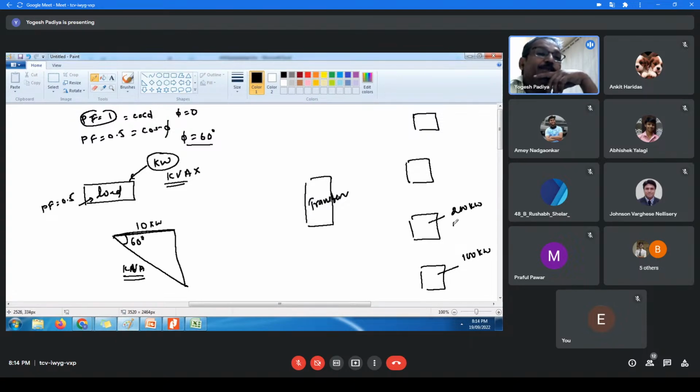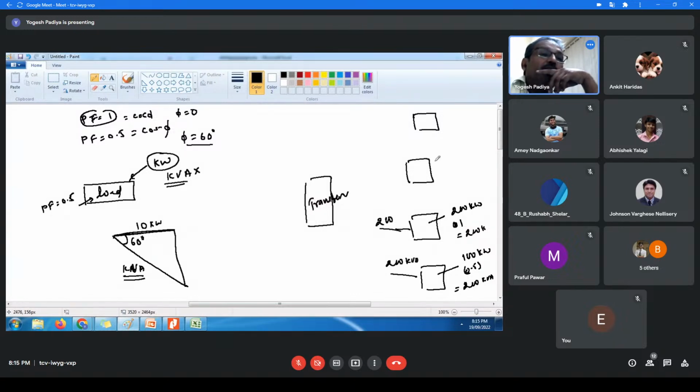Suppose its power factor is 1. Its power factor is 0.5. It means its kVA will be how much? 200. Right? And its kVA will be how much? 200. It means that this requires 200 kVA. This also requires 200 kVA.